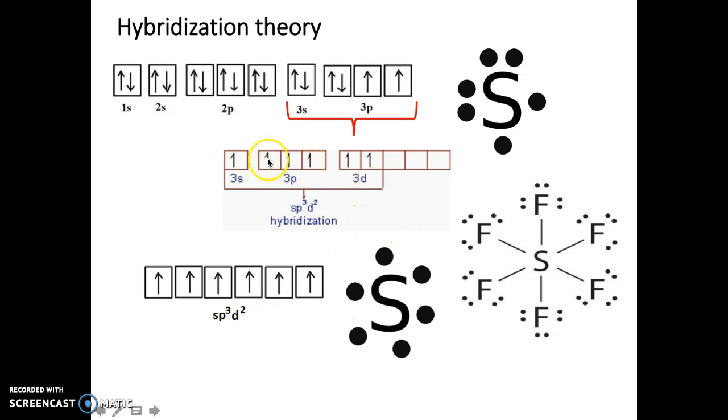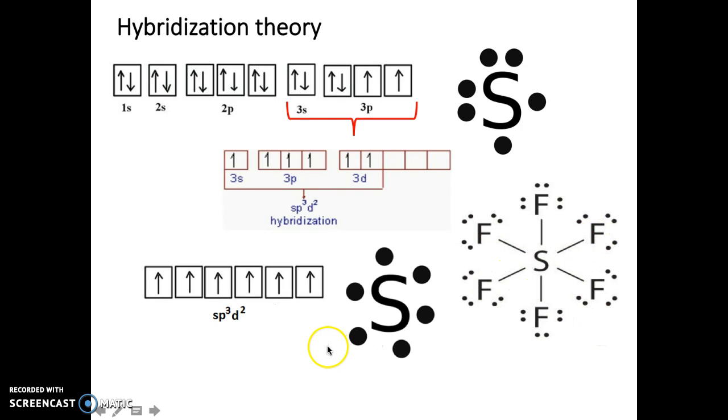So we must hybridize enough orbitals to make the 6 hybrid orbitals. So we'll need to hybridize 1 of the s, 3 of the p's, and of course 2 of the d's. And when we do that, we have a new hybrid orbital called sp3d2, leaving us with 6 unpaired electrons that are situated equally around the sulfur atom, giving rise to this shape called an octahedral shape.